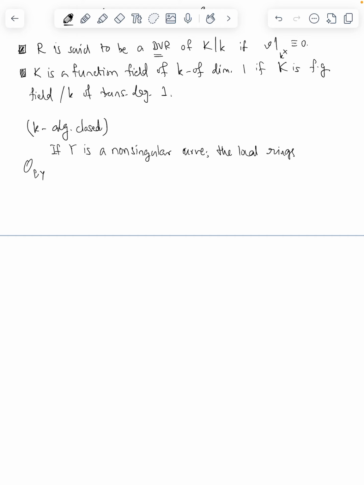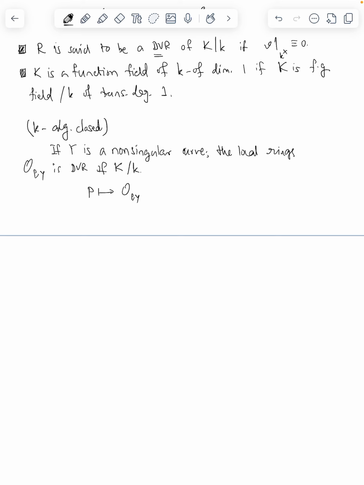These are of course Noetherian local domains of dimension 1. And moreover, because we are talking about non-singular curves, these are regular rings, which is the same as saying it's a DVR. So this is a DVR of K over k, right? Because the valuation exactly vanishes on small k. So what we get is a map: if you have a non-singular curve Y, you take a point and you take the local ring.